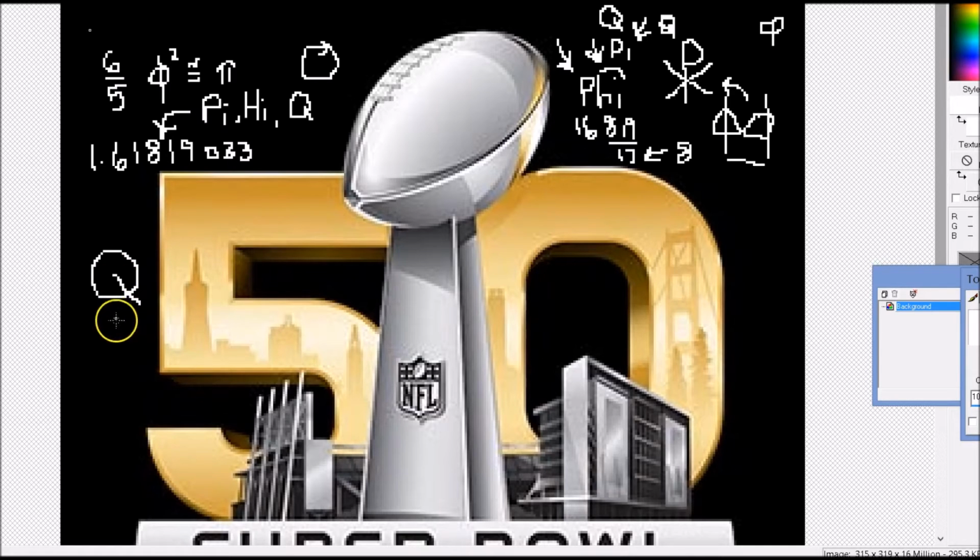And it's also this Q right here, it's either pulling this out or pushing it in. I talked about in my other video that this looks a lot like the twins in the womb of Isis in Paris.